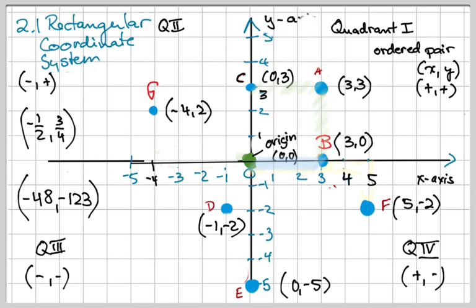In which quadrant, or maybe it isn't, where is the point 0, 4 located? Is that in a quadrant or is it on the axis? On which axis is it located?